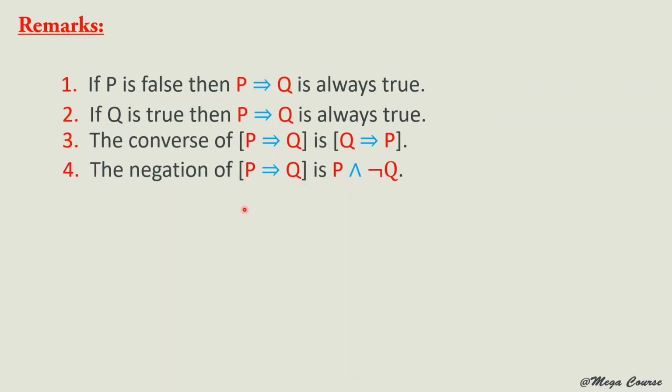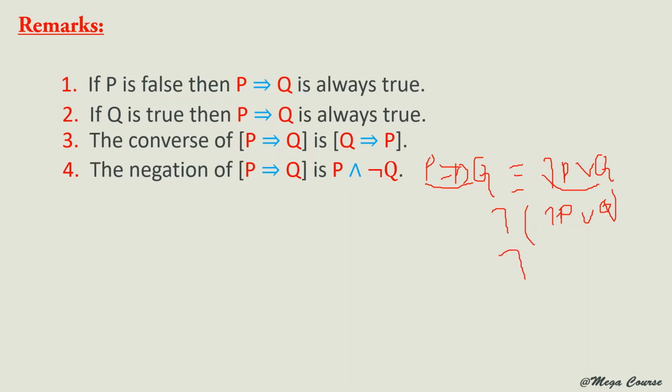Let's write this one. We know that P implies Q is the same as not P or Q. The negation of this, we mean the negation of not P or Q, is the negation of not P, and the negation of or is and.